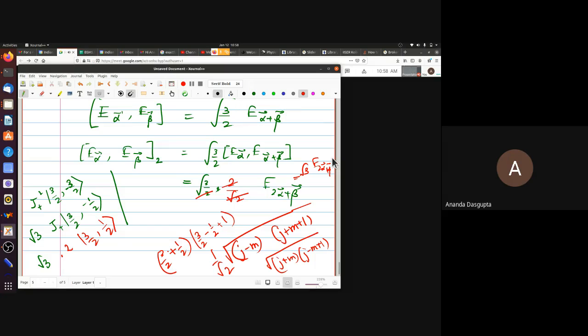Because what Georgi says is that this is root 6. And I'm not so sure whether that's right. What Georgi says is that you get an extra factor of 2. I simply can't see why that should be, unless I made some stupid error in the calculation, which I can't spot.